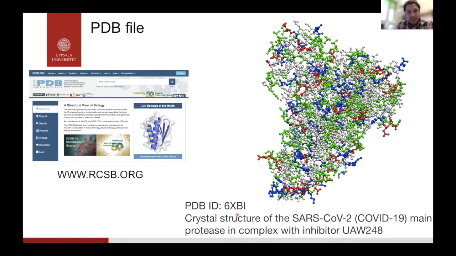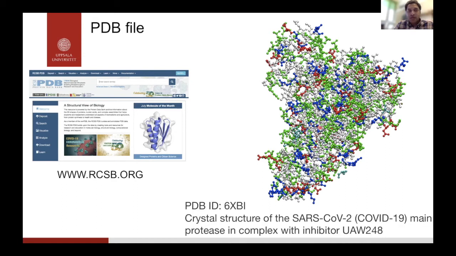And here's an example of the crystal structure of the recent SARS-CoV-2 main protease in complex with an inhibitor, although I removed the inhibitor. When you download the PDB file and try to visualize it, you can use different software like PyMol or VMD to see what the structure of this molecule looks like.